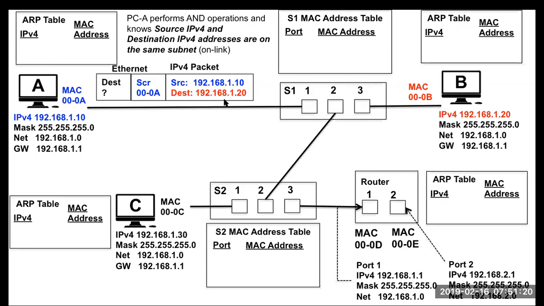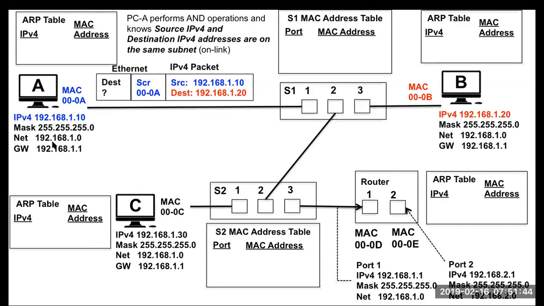Then it takes the destination IPv4 address, not knowing the destination's subnet mask. It says, well, if you're on my network, we have the same subnet mask. So it'll take the destination IPv4 address, use its own subnet mask, do a bitwise AND operation, and determine the network that it might belong to.